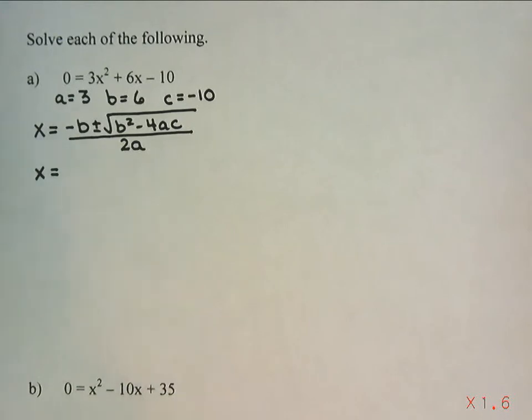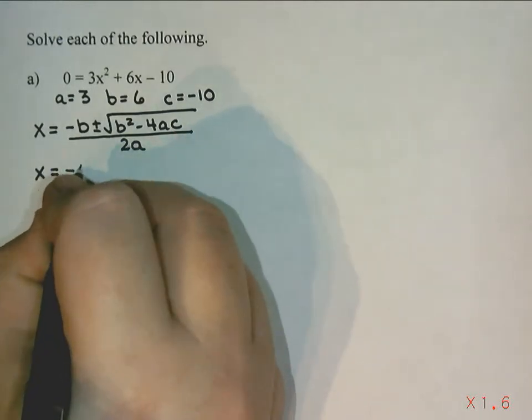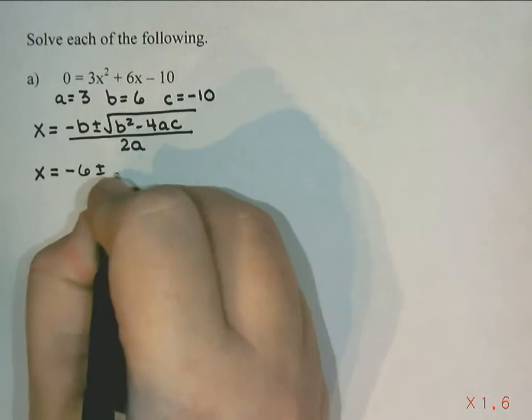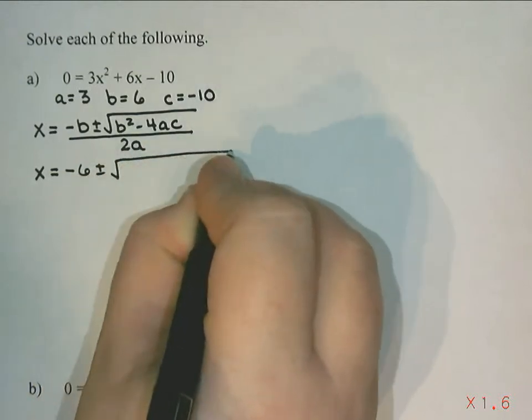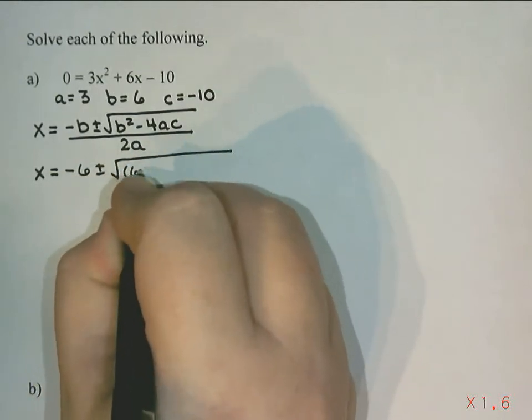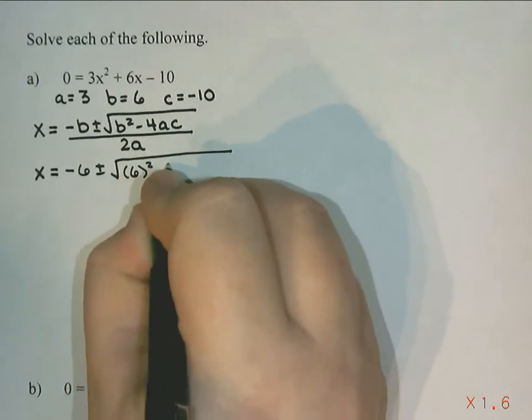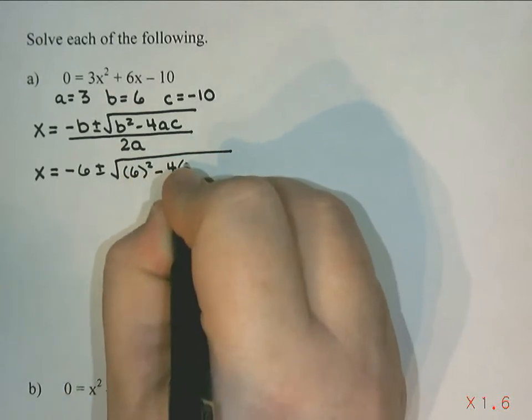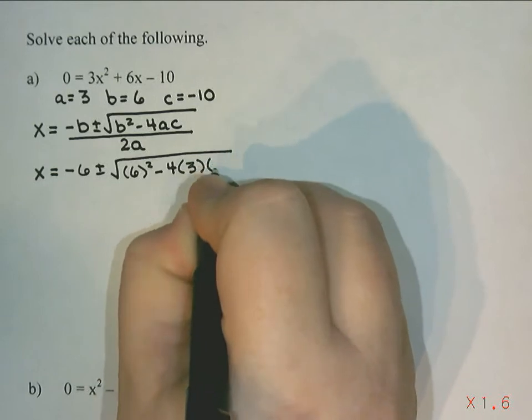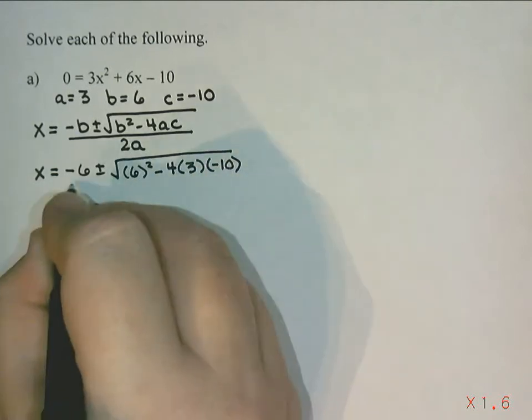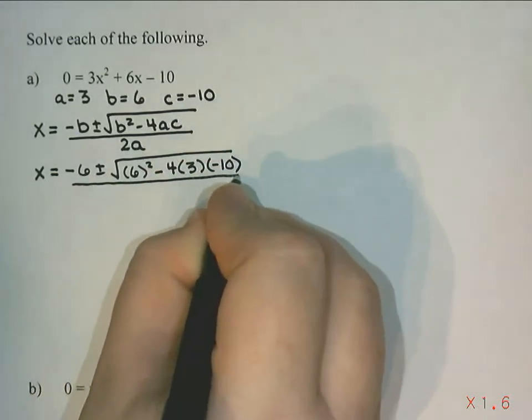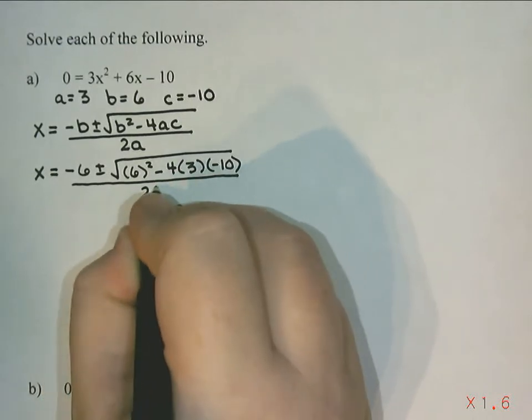So b is 6, so it's going to be negative 6 plus or minus the square root of 6 squared, minus 4 times a, which is 3, times c, which is negative 10. And that is all divided by 2 times a, which is 3.